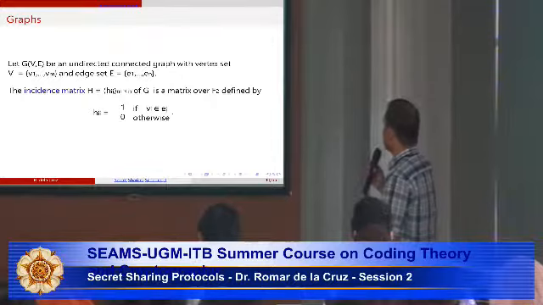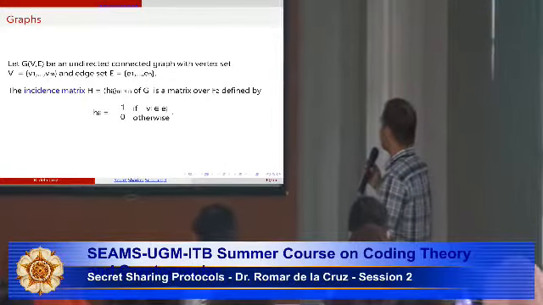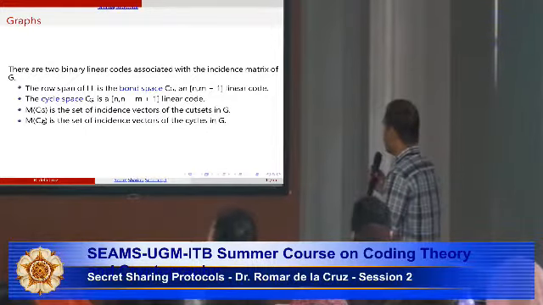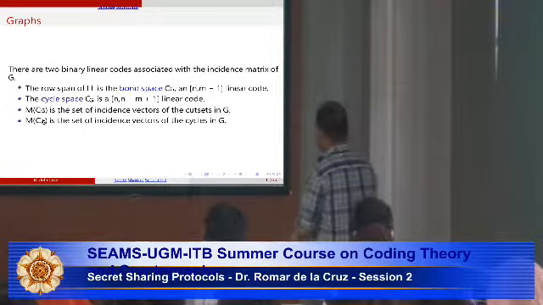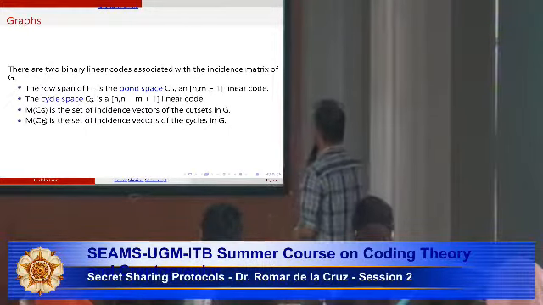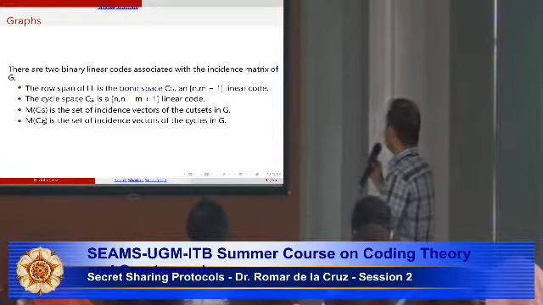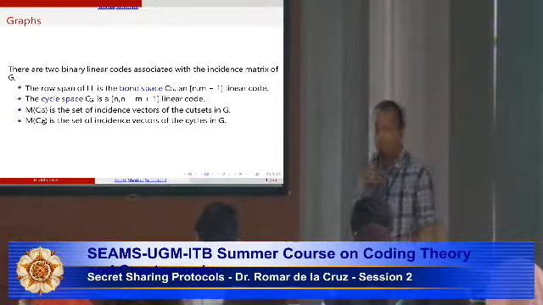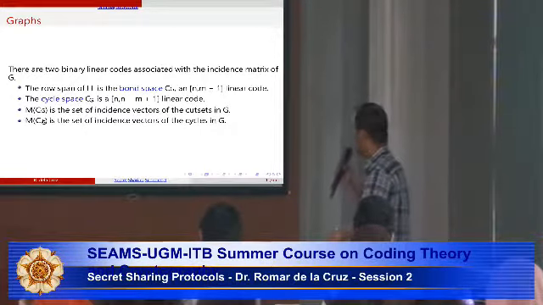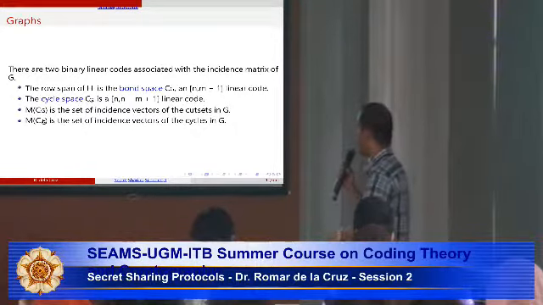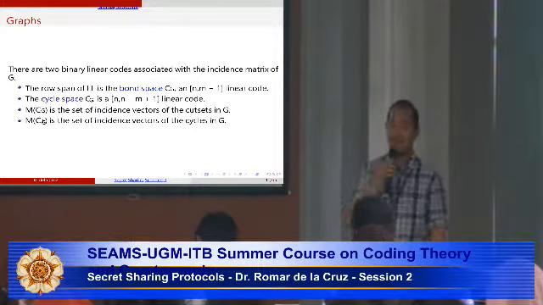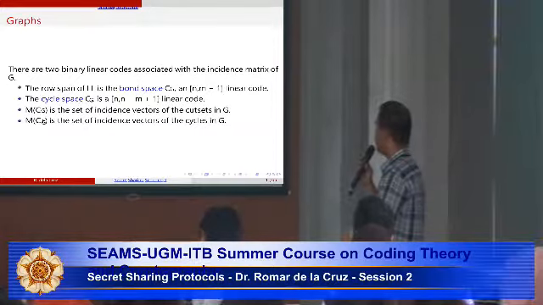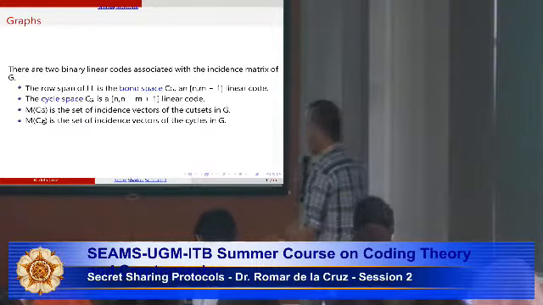The row span of the incidence matrix is what we call the bond space. In graph theory, they study this bond space of the graph. It is a binary linear code of length n, dimension m minus 1. And then the dual code is what we call the cycle space of the graph. It has length n, dimension n minus m plus 1.